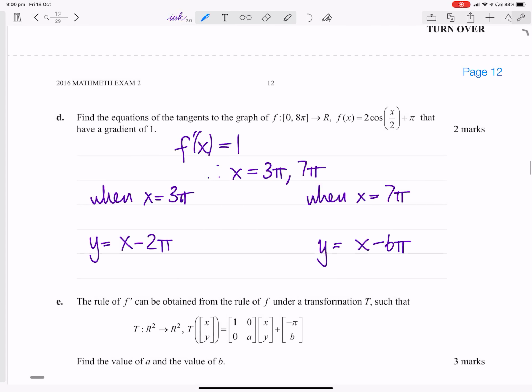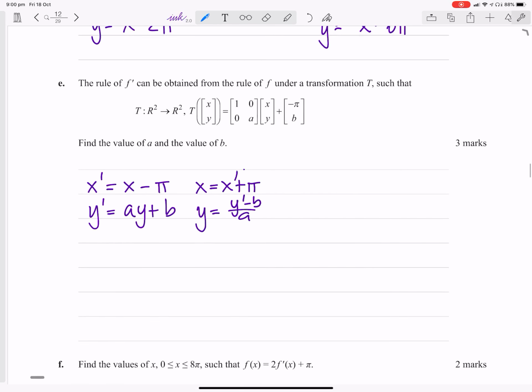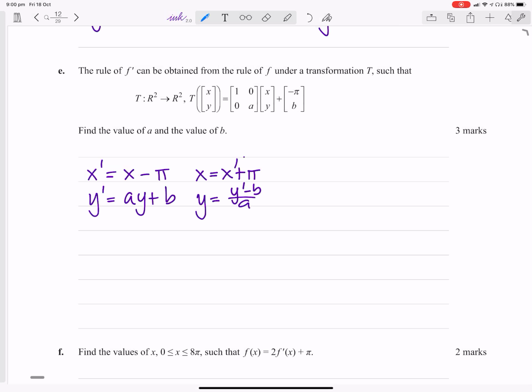So we want to transform the original equation and end up with the second equation. Or could we put it into the second equation and then equate coefficients?